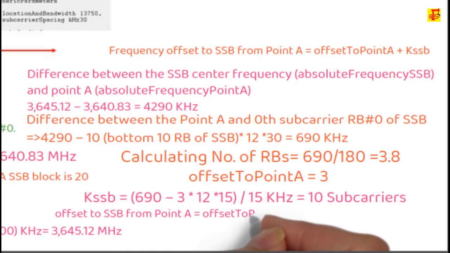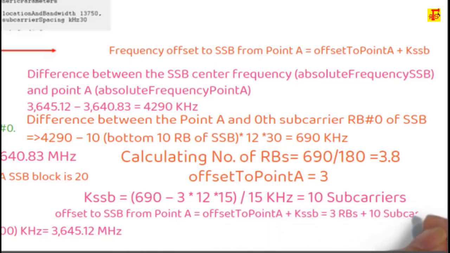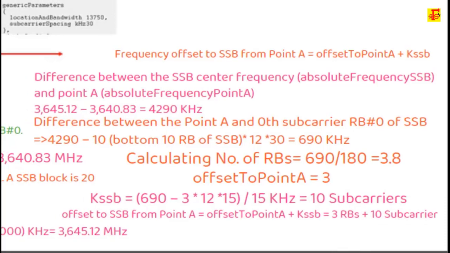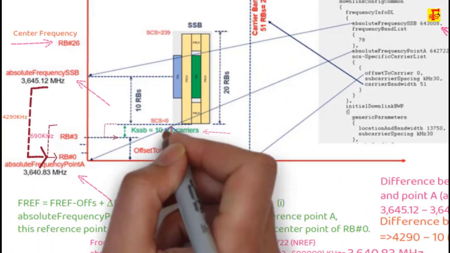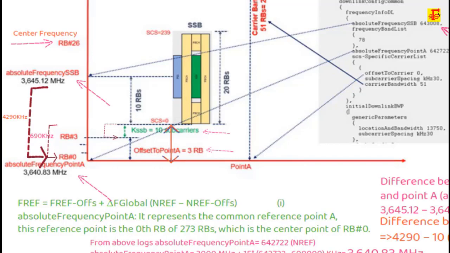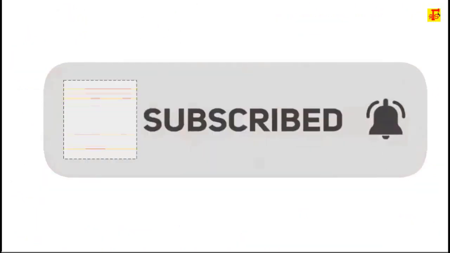Offset to Ssb from point A से Ssb जहाँ पर start हो रहा है, what is the value? Offset to point A plus Kssb, so 3 RB plus 10 subcarrier. So this is where Ssb will start. Ssb 0 subcarrier will start from the absolute frequency point A, from point A से 0 subcarrier. Okay, so thank you for watching this video. Bye, take care.